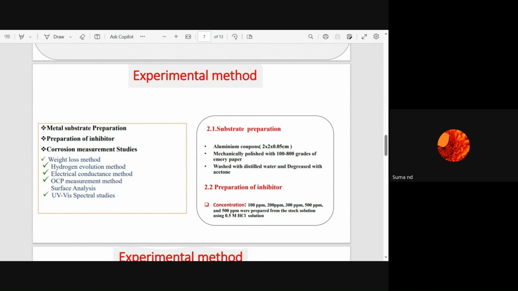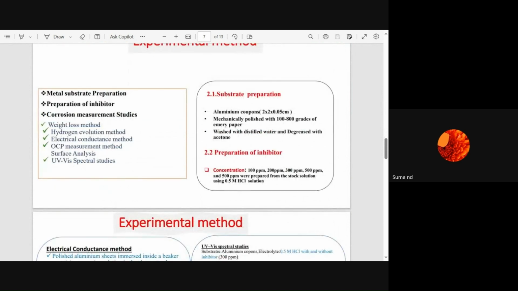For the substrate preparation, we use aluminium coupons as substrate, mechanically polished with 80 to 100 grades of emery paper, washed with distilled water, then degreased with acetone and kept in a desiccator before use. We use 5 different concentrations of the telmisartan drug in a stock solution of 0.5 molar HCl.